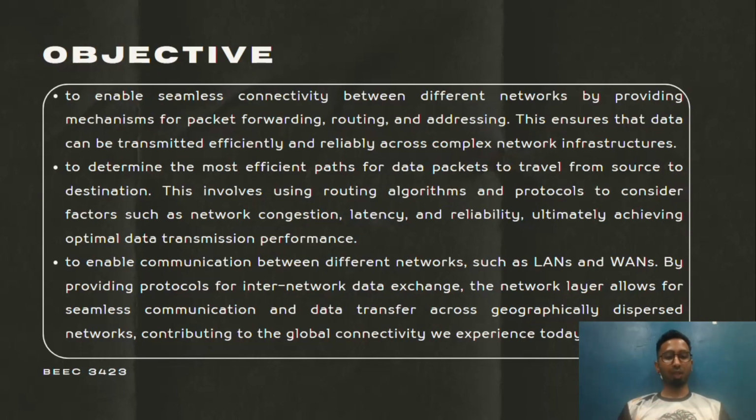To enable communication between different networks such as LAN, WAN, by providing protocols for inter-network data exchange, the network layer allows for seamless communications and data transfer across geographically dispersed networks, contributing to the global connectivity we are experiencing today.